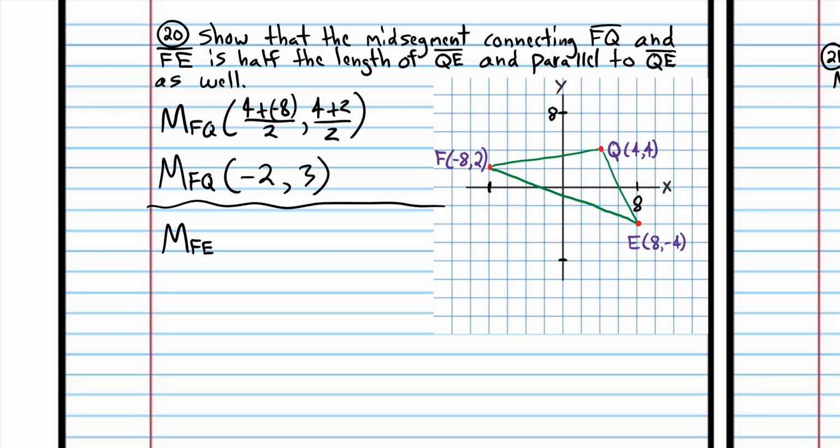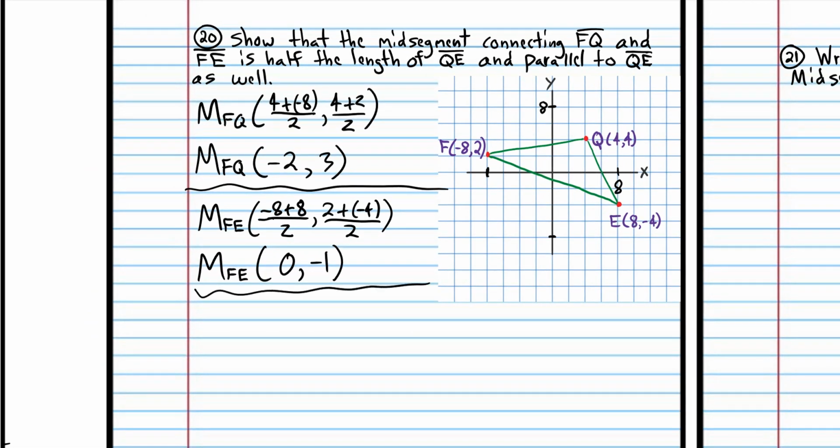And now we're finding the midpoint between F and E, which would be somewhere around here. -8 plus 8 over 2, and 2 plus -4 over 2. And so we get 0 and -1.